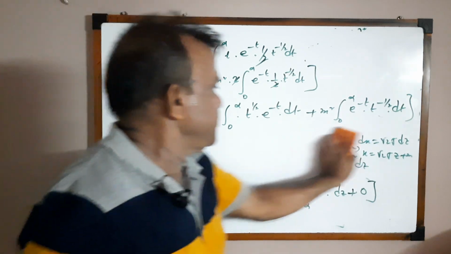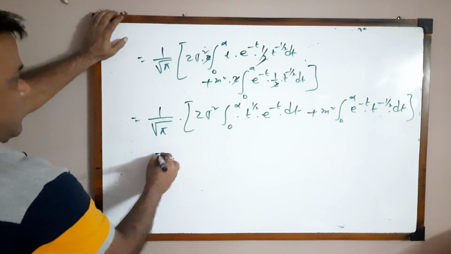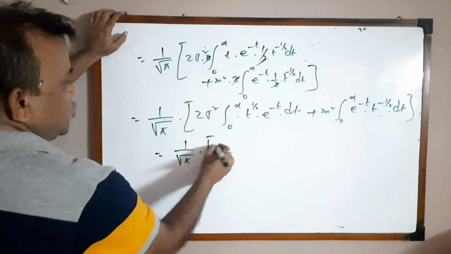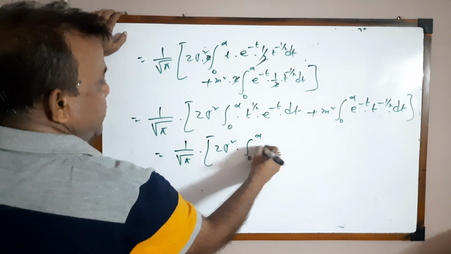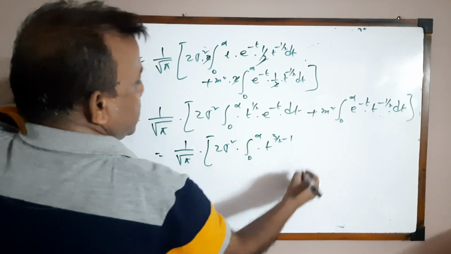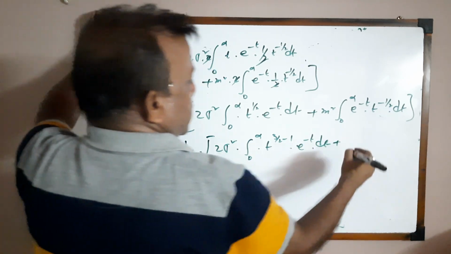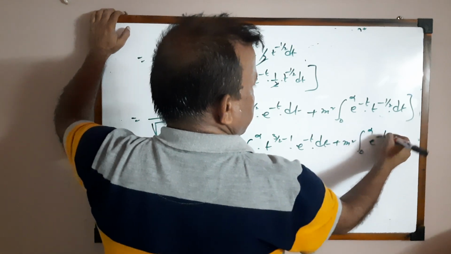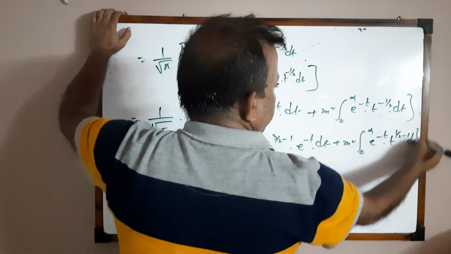Okay. 1 by root pi, 2 into sigma square, integration 0 to infinity t to the power 3 by 2 minus 1 e to the power minus t dt, plus m square, 0 to infinity e to the power minus t, t to the power half minus 1 dt.